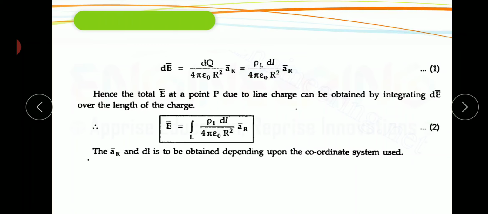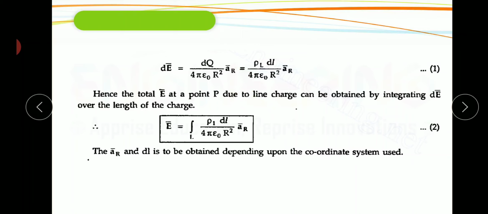Now we have to find the electric field intensity for the entire line charge. That means the total electric field at a point due to this line charge is obtained by integrating this equation over the length of the charge. On integrating, integration and differentiation cancel, so dE bar becomes E bar. Now integrating, that is integral over L of rho L dl by 4 pi epsilon naught R square AR bar.